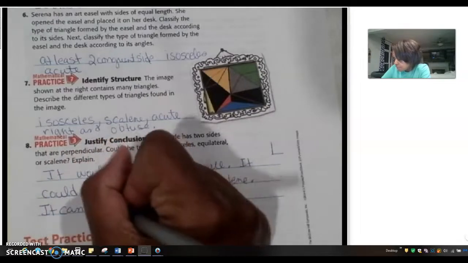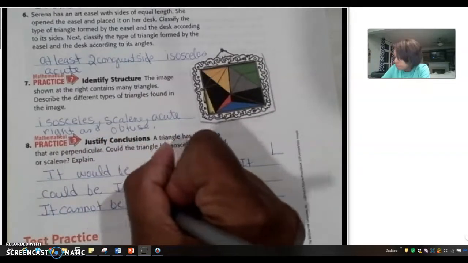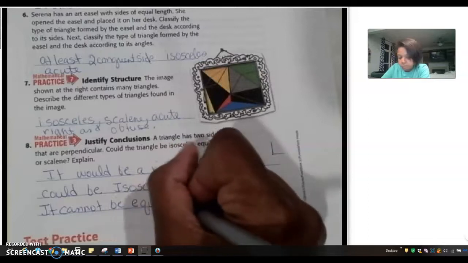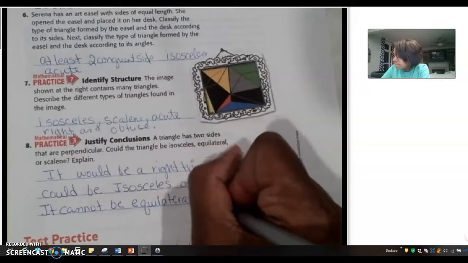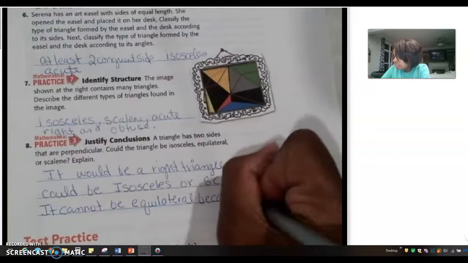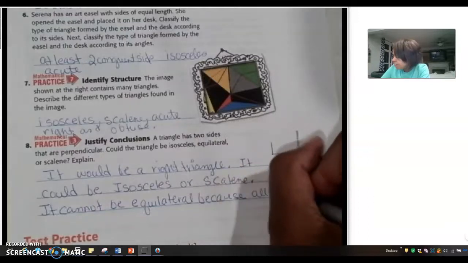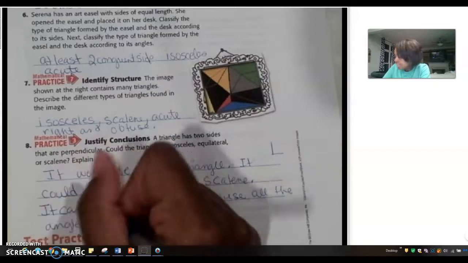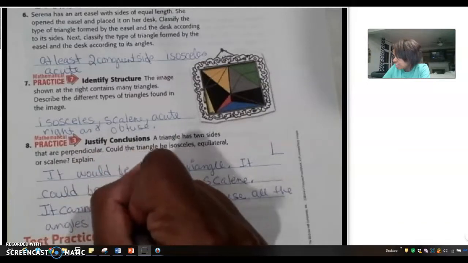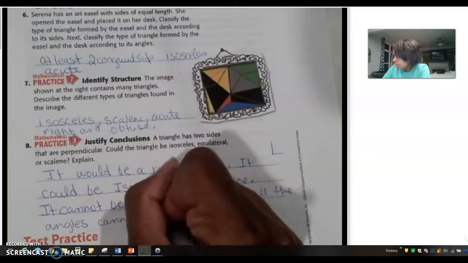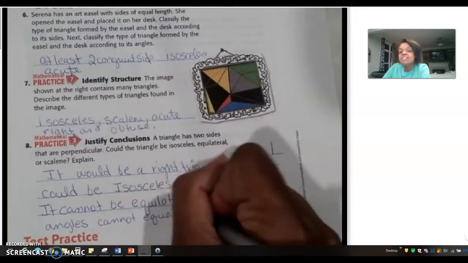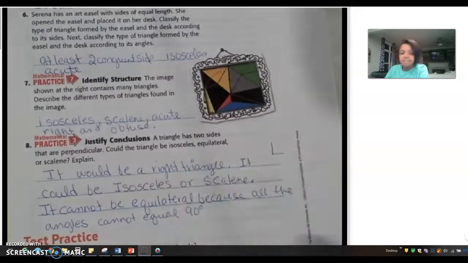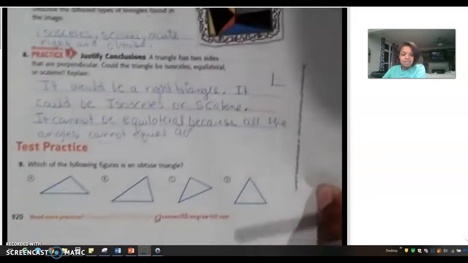Cannot be equilateral because all the angles cannot equal 90 degrees. Okay?